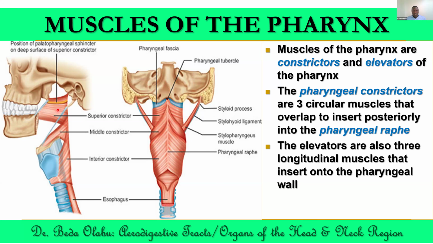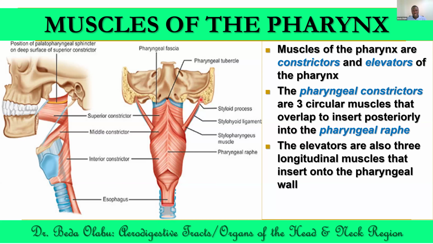The longitudinal muscles, on the other hand, are vertical muscles. They arise from some superior structures and insert inferiorly. So we have one arising from the styloid process. This is the styloid process. It's part of the temporal bone.